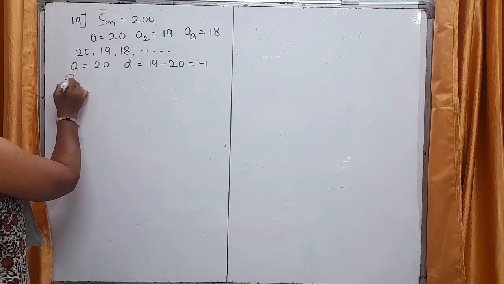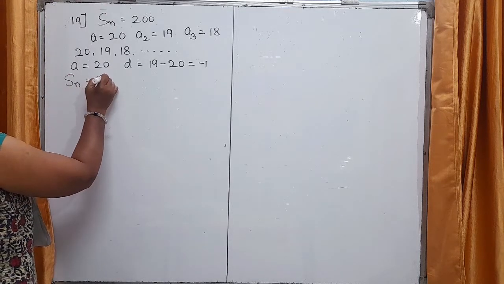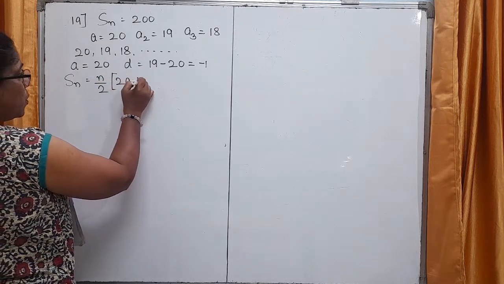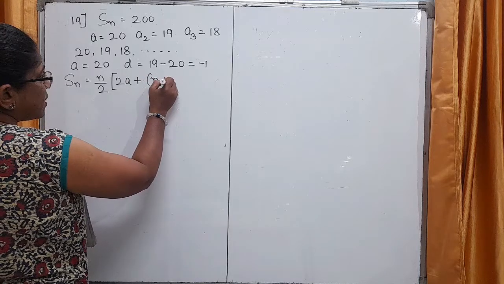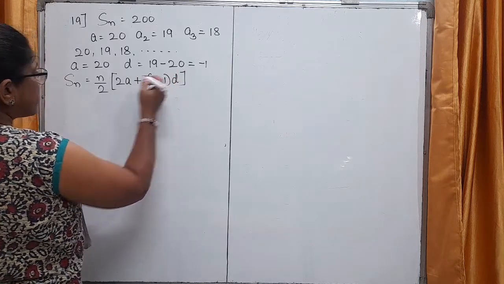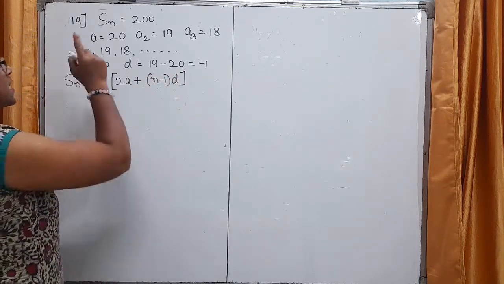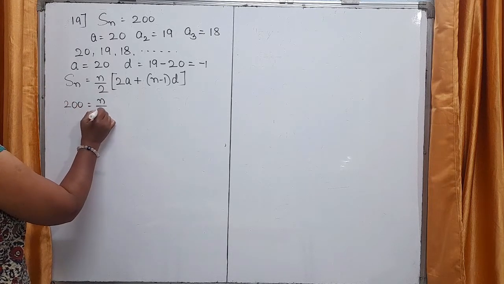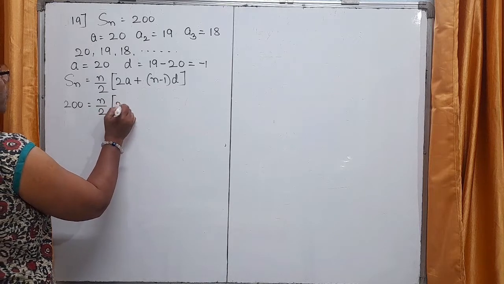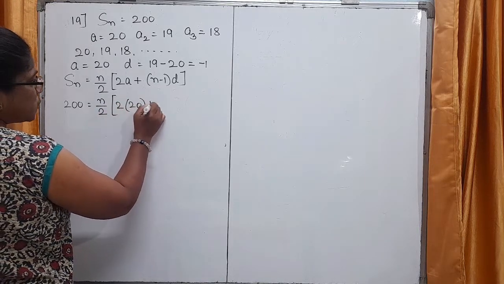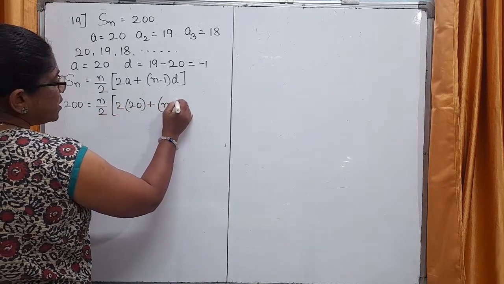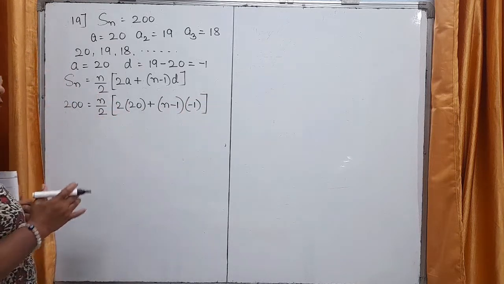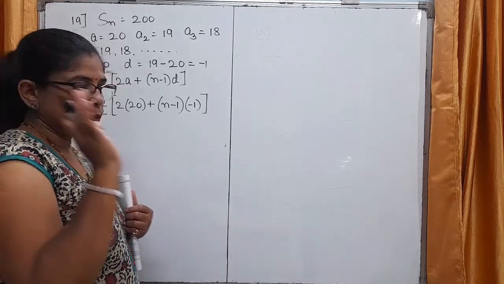Let's use our formula of Sn. Sn is equal to n upon 2 into the bracket 2a plus n minus 1 into d. Here Sn is 200. 200 is equal to n upon 2 into the bracket 2 into 20, a is 20, n minus 1, n we have to find, and the common difference is minus 1. So here we substituted whatever terms we know.